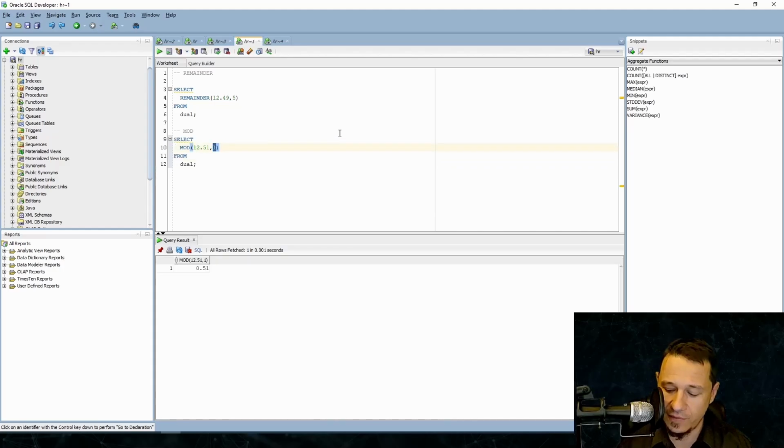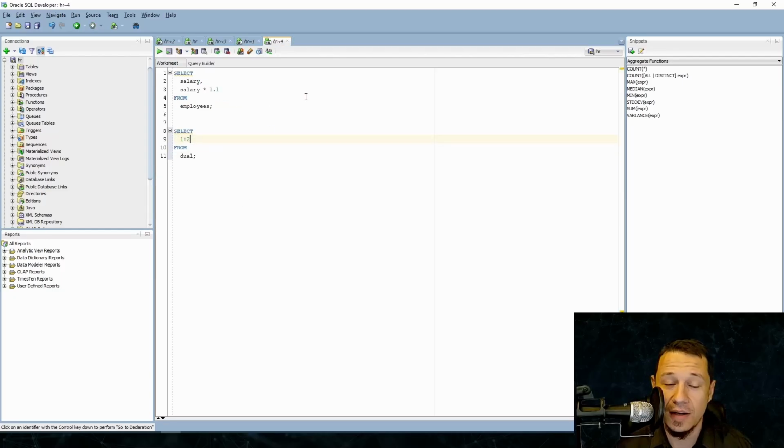Or in another example, if I pass in 5, the closest would be 15, but as we said, it uses the floor function, and the closest will be 10. So again, the result will be the difference between the provided number and the one that is multiplied by 5, which is in our case the closest one, 10, and the result will be 2.51.